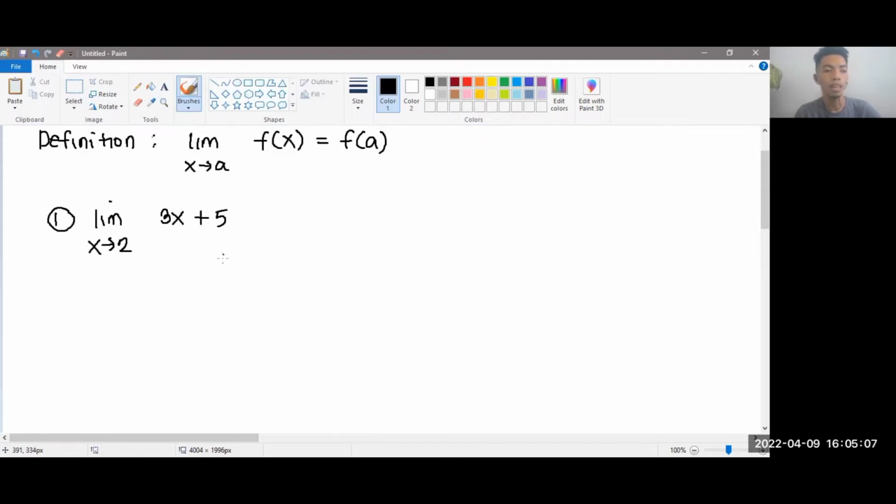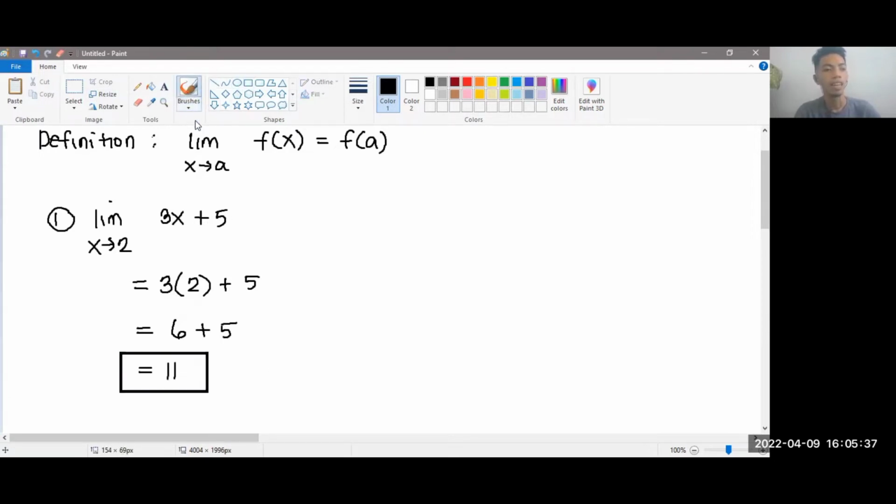So, ibig sabihin, in evaluating the limit, we have 3 times 2 plus 5. Basic arithmetic, you're just going to multiply. 3 times 2 is 6, and then bring down plus 5. And the limit will be equal to 11.